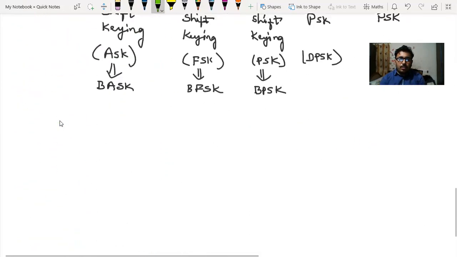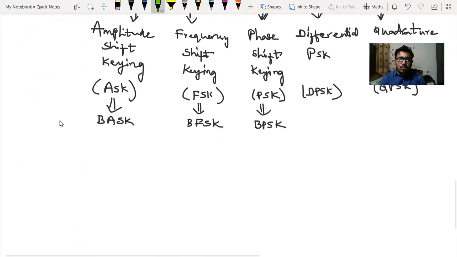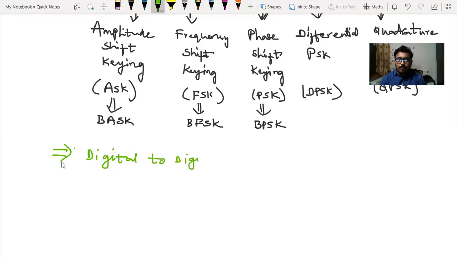In this digital to digital conversion, we are going to consider the different coding aspects.